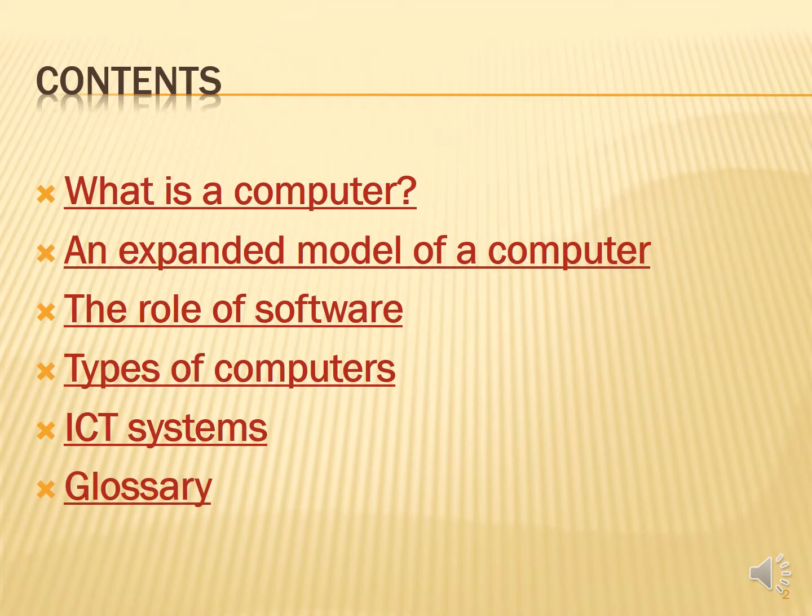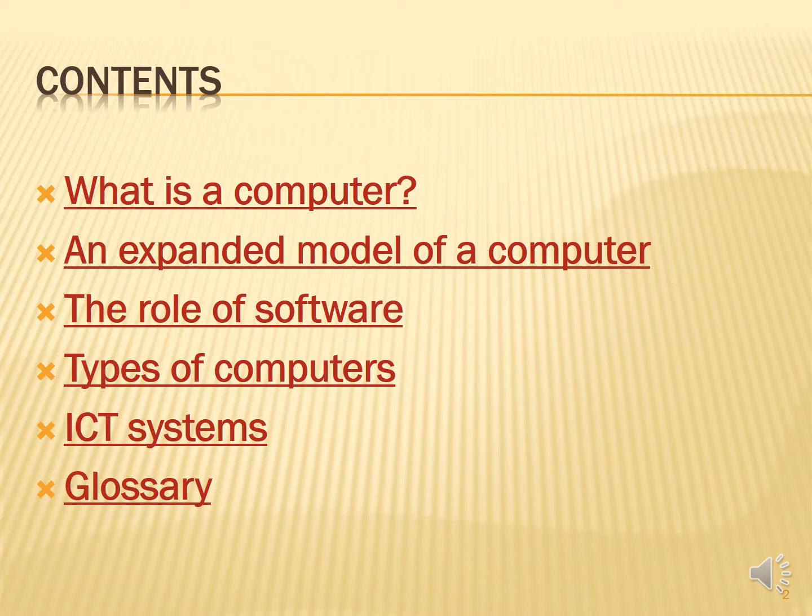We will be exploring all these different aspects. In this particular course, we will be looking at what is a computer. We'll be looking at the model of a computer. We'll look at software and what its role is for the computer, how it's important for the computer, and how it's important for the user so they are able to use their computers effectively. We look at different types of computers, and obviously this is changing all the time as technology changes.